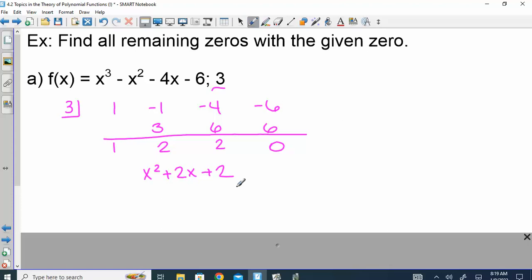Wait, the remaining zeros, wouldn't those be everything but the 3? Yes. Not going to factor at all. That does not factor. So what do we do? Quadratic formula. See, that doesn't go away. So remember your quadratic formula.